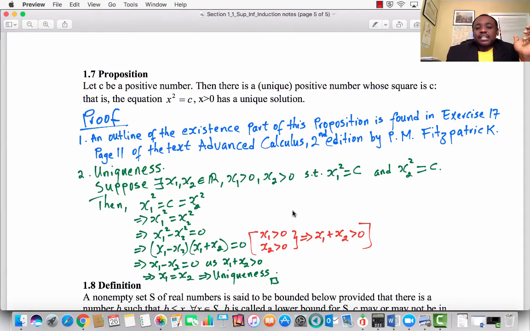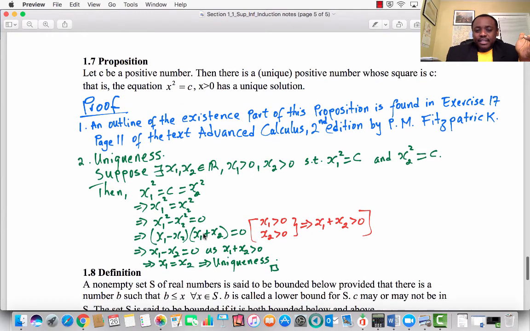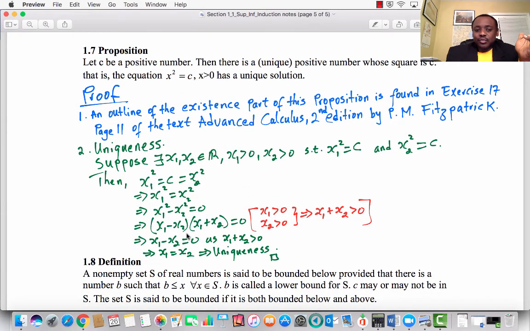Then what we are saying is that x1 squared equals C equals x2 squared, and equal things are always equal, so that means x1 squared equals x2 squared, and that means x1 squared minus x2 squared equals 0, and simple factorization would give me (x1 minus x2)(x1 plus x2) equals 0.